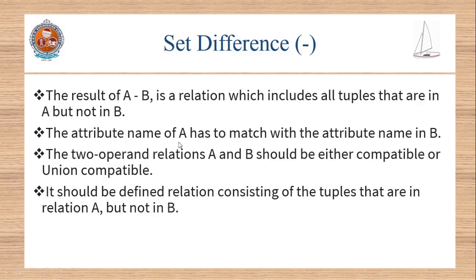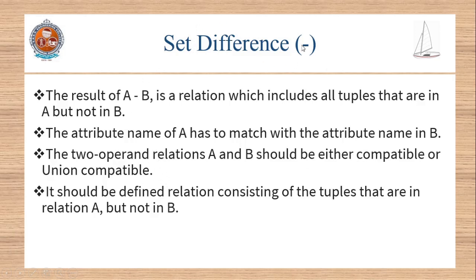The attribute name of A has to match with the attribute name in B. Means the two operand relations A and B should be either compatible or union compatible. Here compatible means type compatible. Both the columns must be type compatible. Union compatible means the three conditions must be satisfied.